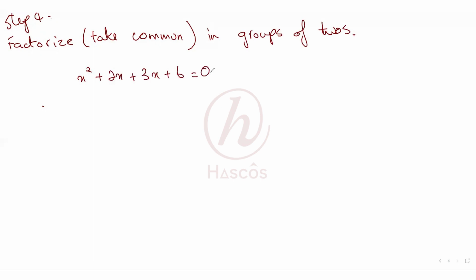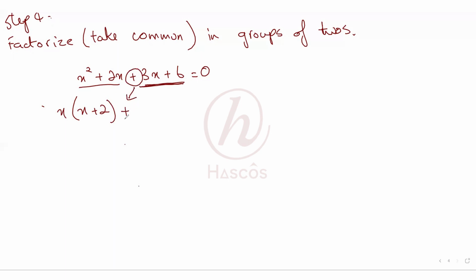Now let's factorize in groups of 2, one group of 2, the second group of 2. x squared plus 2x have an x in common. We take out x, and when we take out x from x squared, we're left with an x. We take x away from plus 2x, we're left with a plus 2. Now it's time to take out something common from these two. Always remember that the middle sign, which is positive, gets copied as it is.